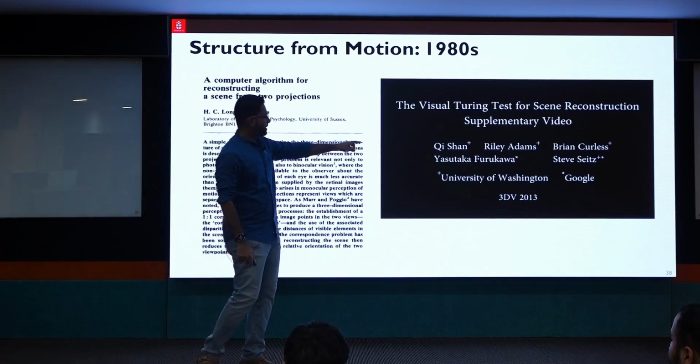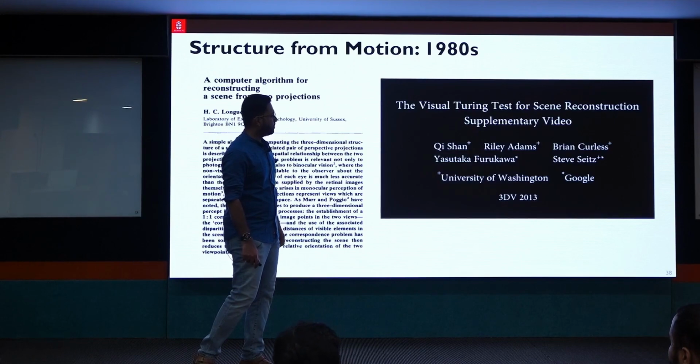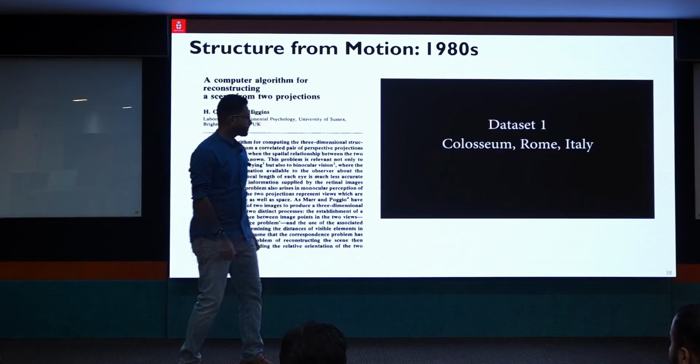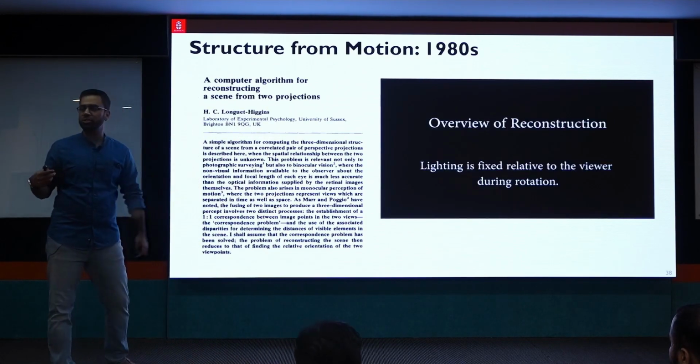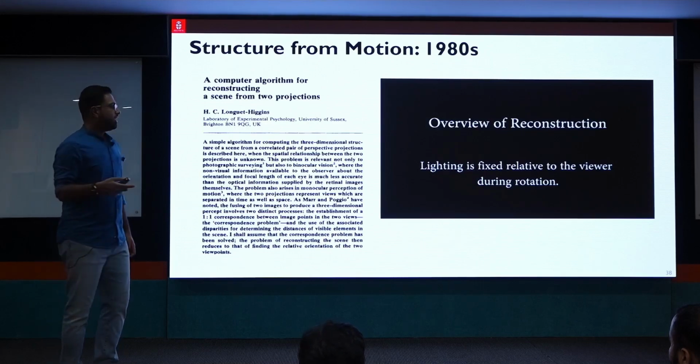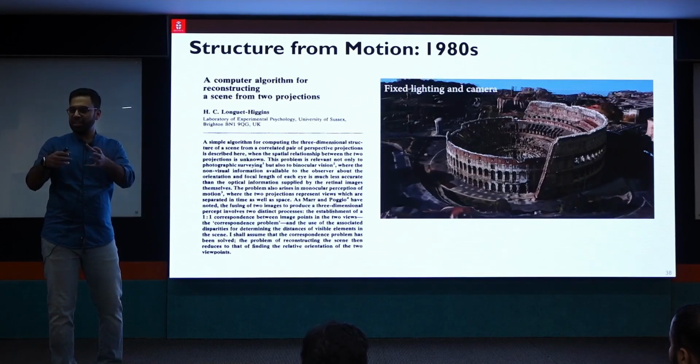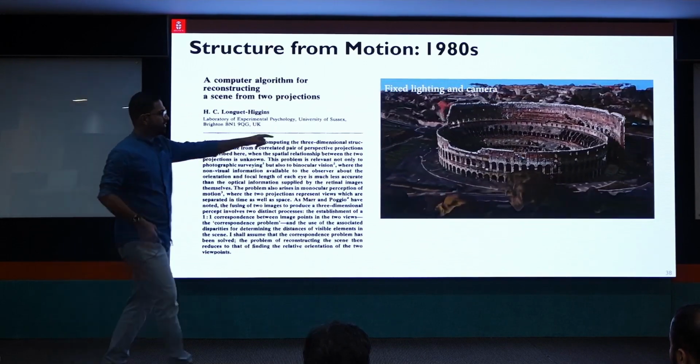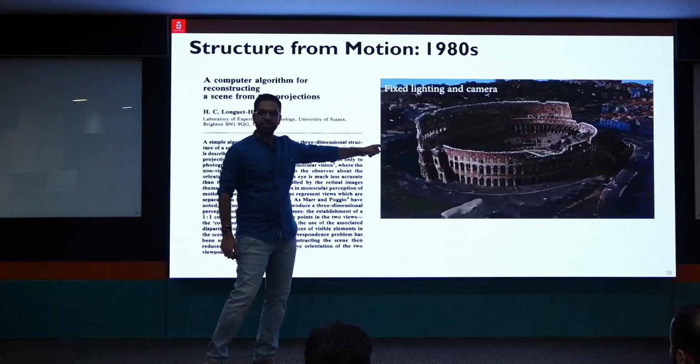For example, in this video, which should play in a moment, they take pictures that tourists have taken in Italy, and they merge all of those pictures together using structure from motion to create 3D digital copies of the Colosseum.